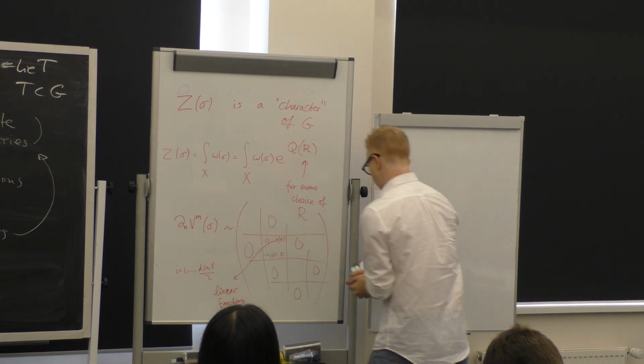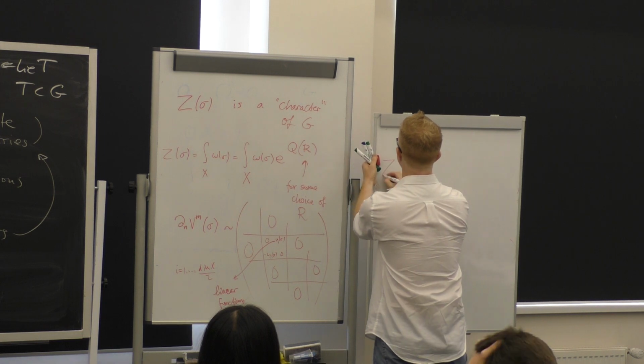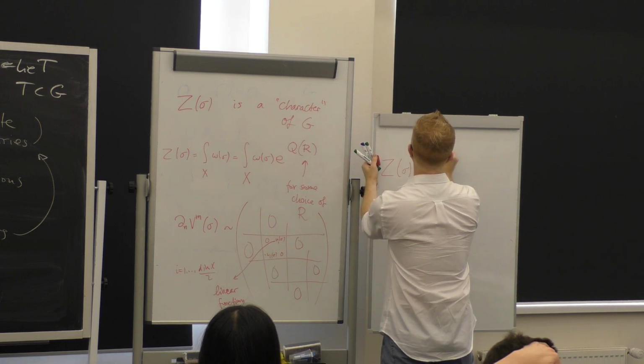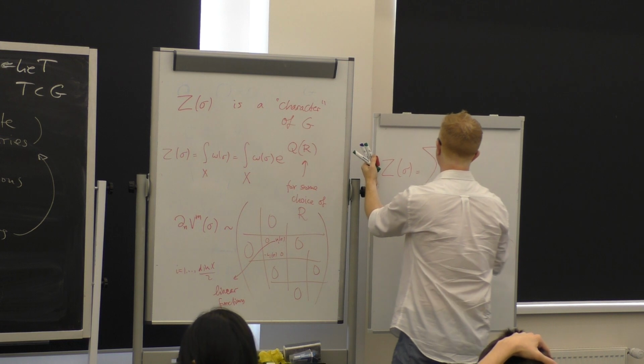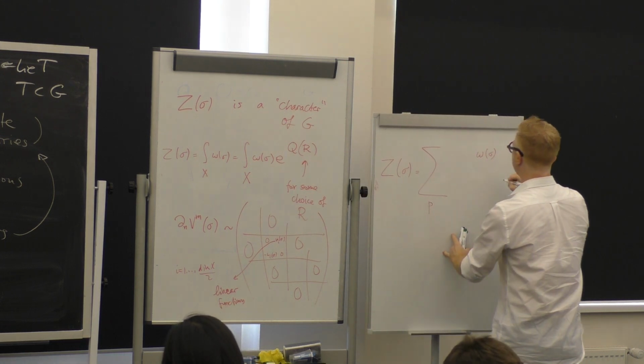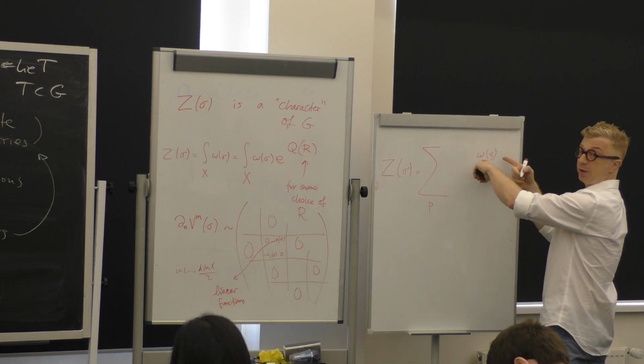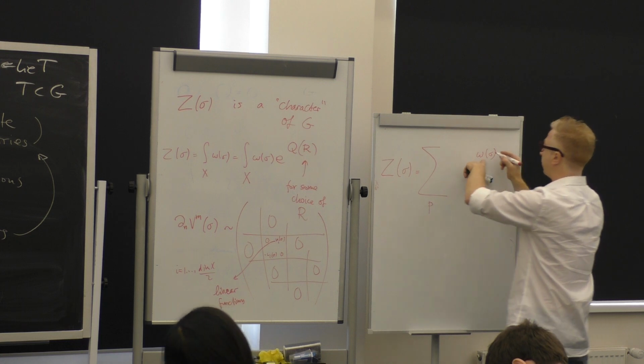But what you need for the formula, so this final formula says that z of sigma is the sum over all such fixed points. And then at each fixed point, you take omega of sigma, which is our equivariant differential form, which is now a non-homogeneous differential form.